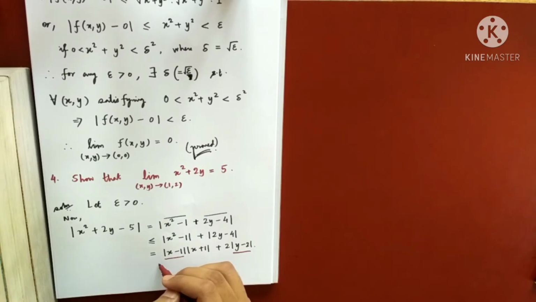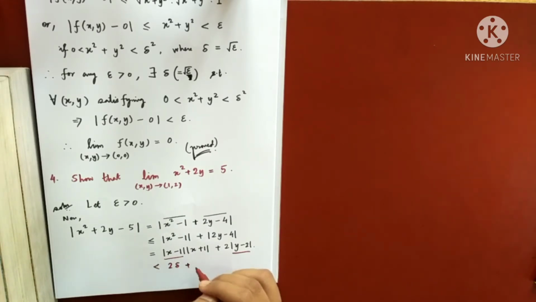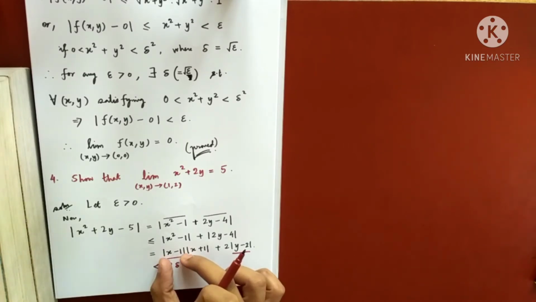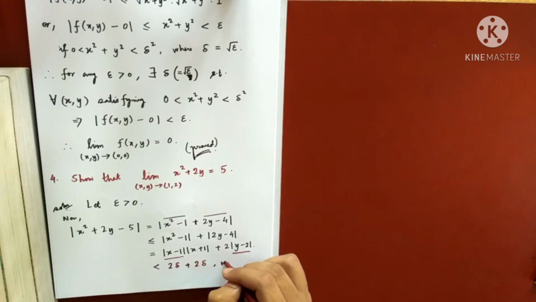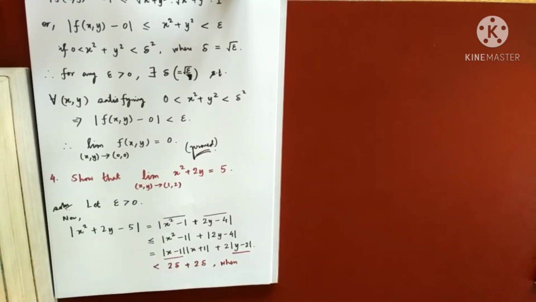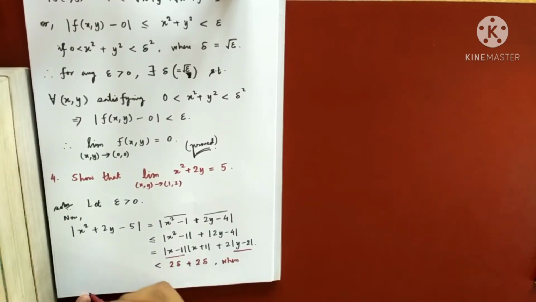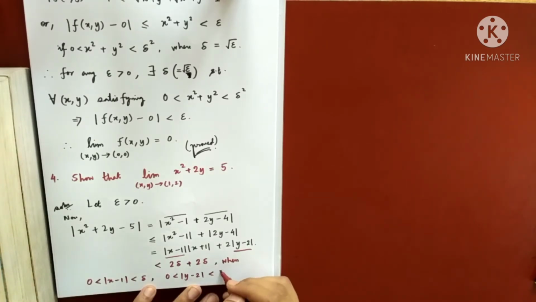So what I'll write, this is less than 2 delta plus 2 delta. Wait, I'll explain. When 0 less than mod x minus 1 less than delta, 0 less than mod y minus 2 less than delta, I am considering this as less than delta, I am considering this as less than delta, and delta is not equal to 0, basically greater than 0 and less than or equal to 1.